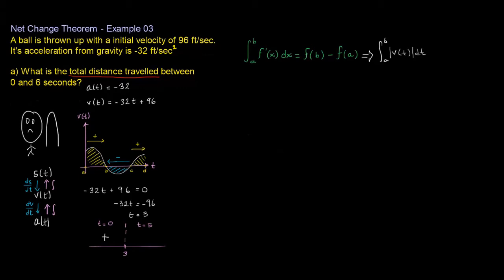With any value before 3, we'll always get a positive value. Now if I substitute t equal to 5, the negative term will clearly be above 96. So for every value of time after t equal to 3, we always get a negative result.